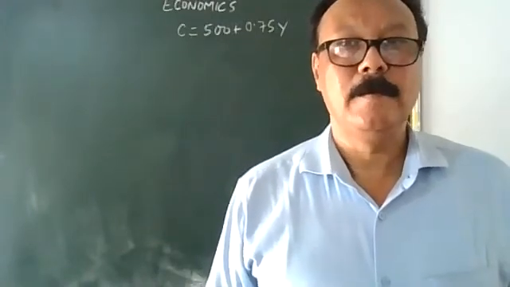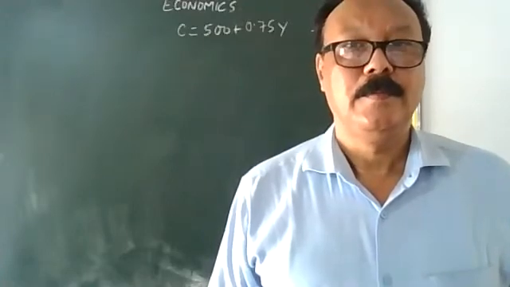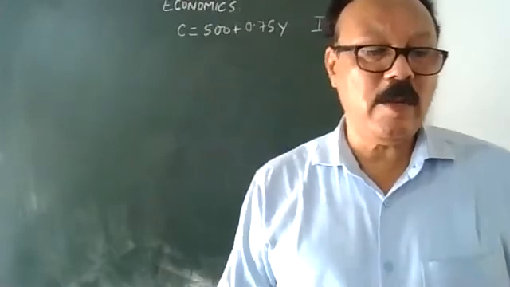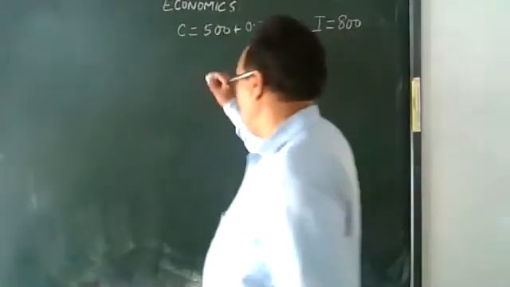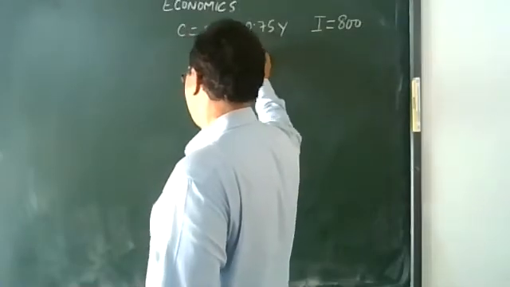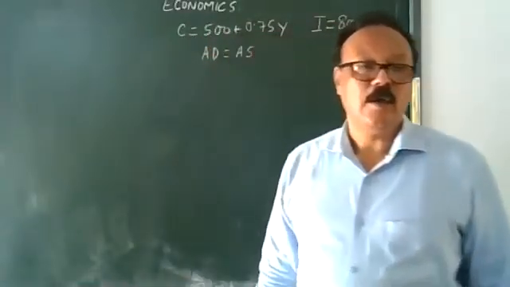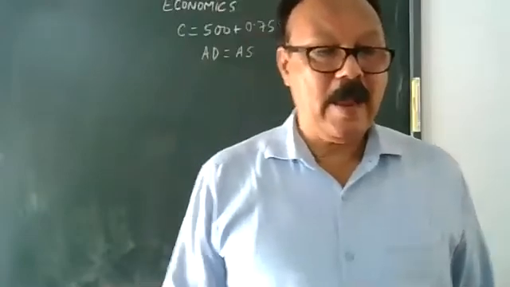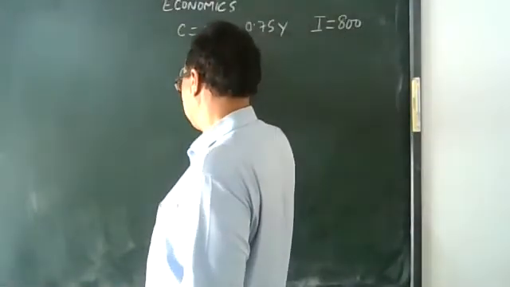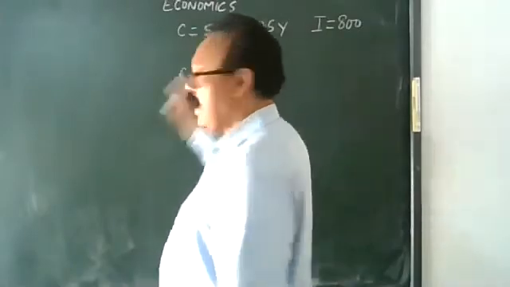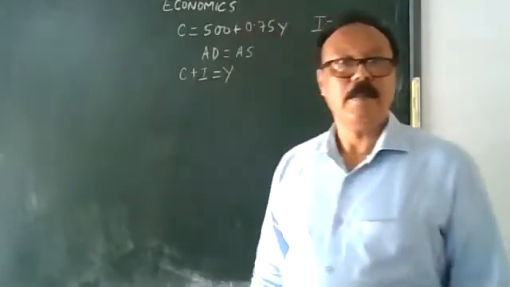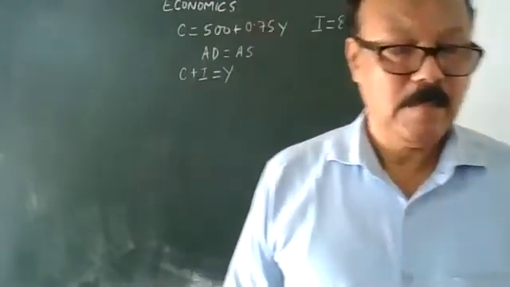Okay. That is the question. Now, when is the equilibrium level of income struck? It's struck when AD equals AS. Yes, we learned about it. And AD is equal to what? You can say C plus I. AS is another word for Y, national income.